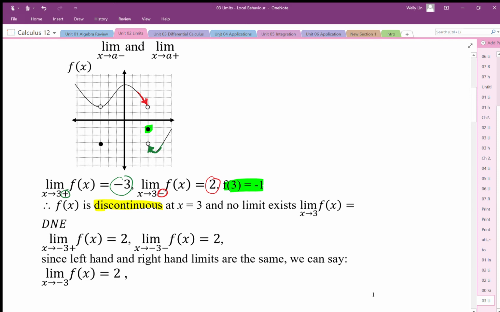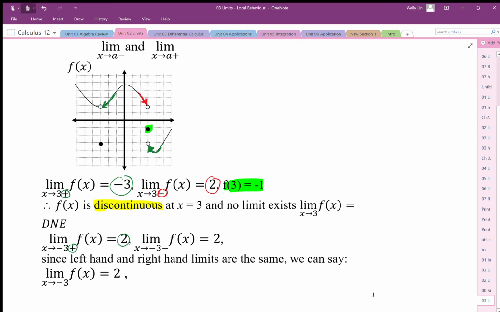So let's take a look at another point, as x goes to -3. -3 from the positive side, it's going to look like this. It's approaching -3 from the positive side, and it looks like we have a y value of 2.